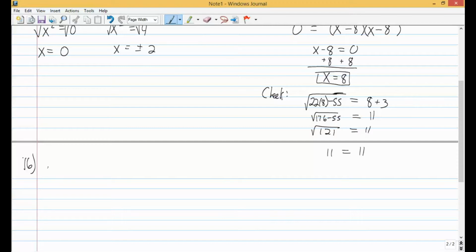On problem number 16, we have two radicals. So when we have two radicals in our equation, we need to move one of the radicals over to the other side of the equation.